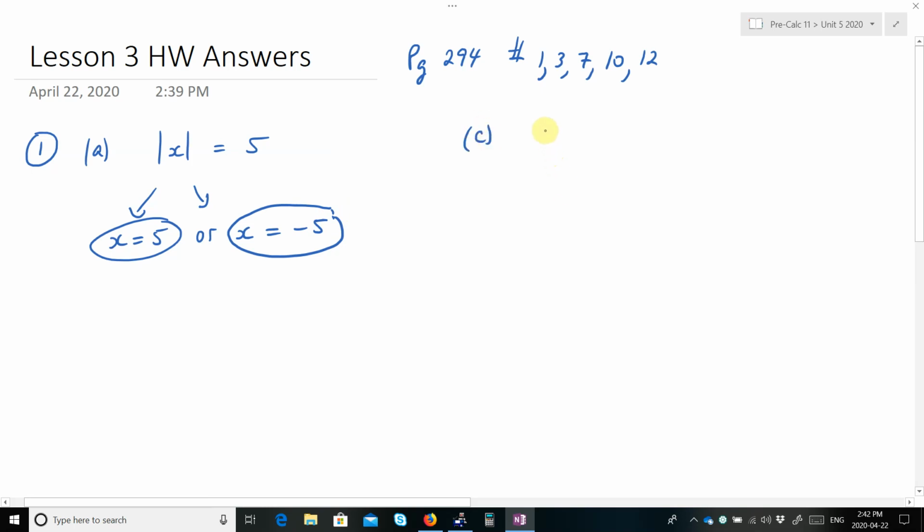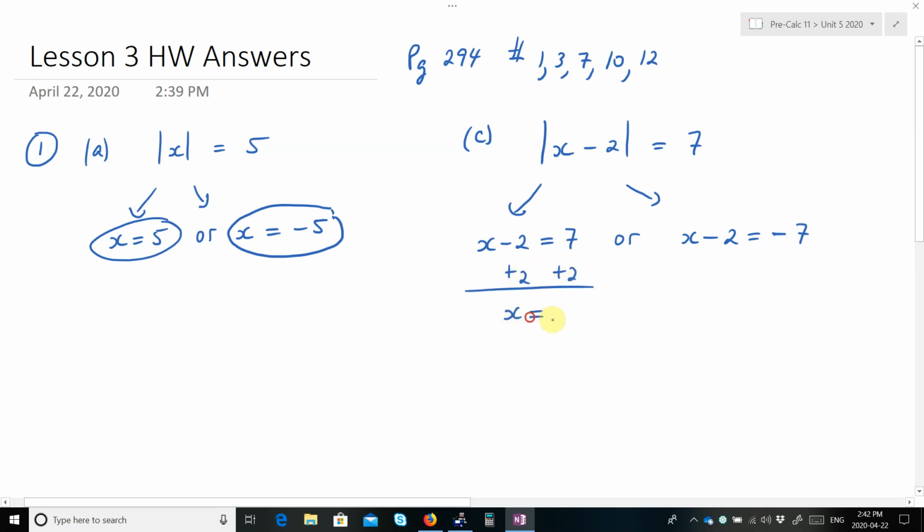Let's try letter C. The absolute value of x minus 2 is equal to 7. Inside the absolute value bars could work out to 7, or the inside of the absolute value bars could work out to negative 7, and then when you take the absolute value of that, you get positive 7. So those are the two equations. If we solve these separately, we end up getting x equals 9.